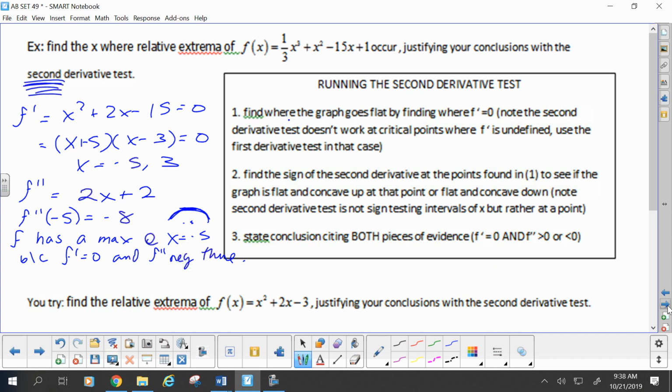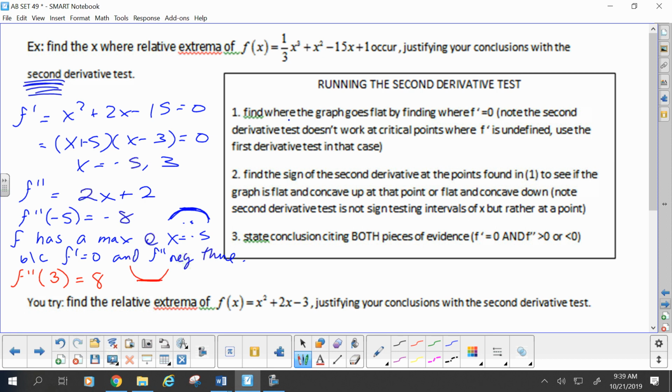All right? So let's go with the next conclusion. Now we need to test F double prime at the other critical number 3. You put 3 into F double prime, you get 8. Yep. If I do a little doodle there, it's flat with concave up, which means at 3 there is a min.